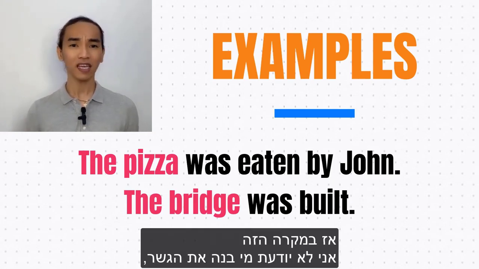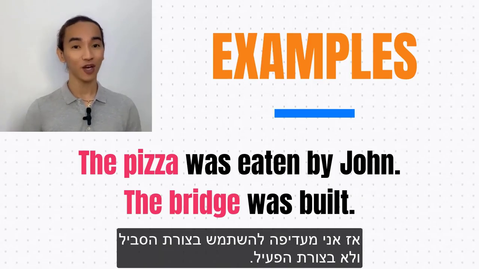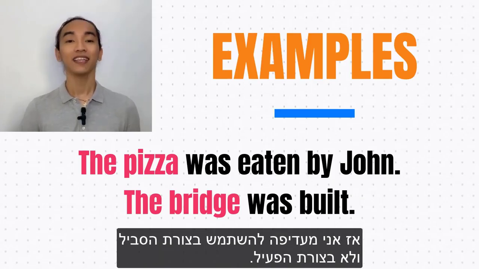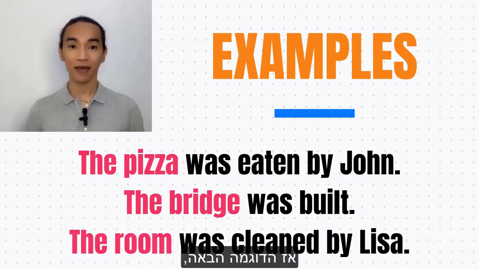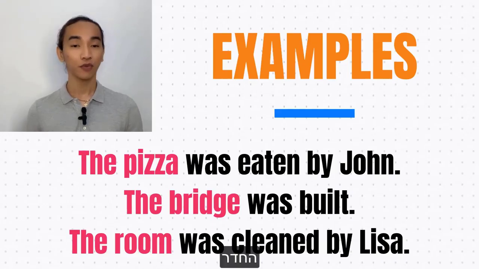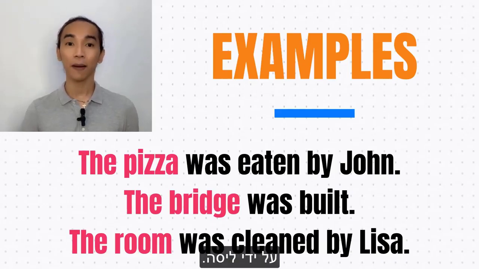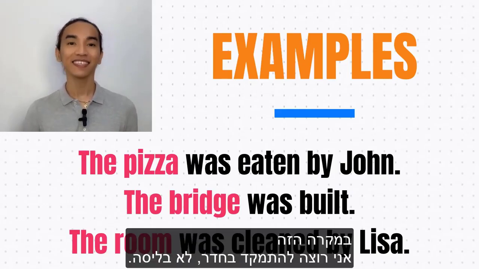Okay, so in this case, I don't know who built the bridge. So I'd rather use the passive voice than the active voice. Okay, so next example, the room was cleaned by Lisa. So in this case, I want to focus on the room, not on Lisa.